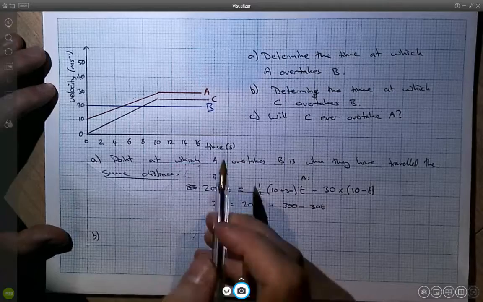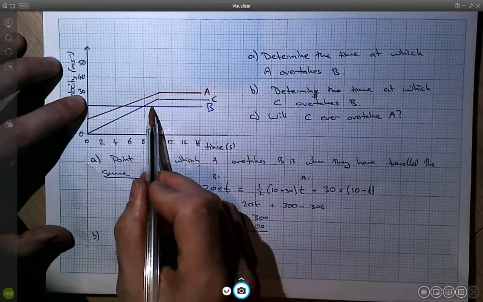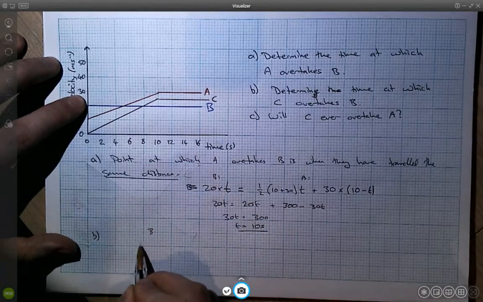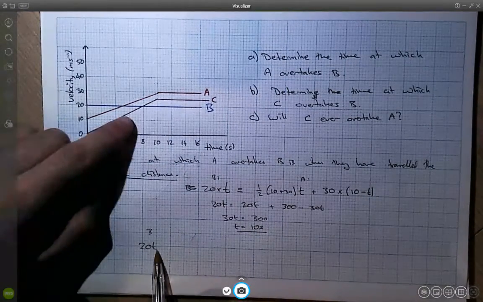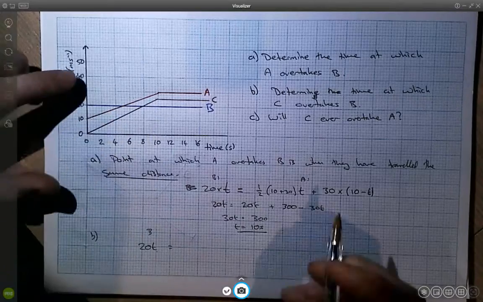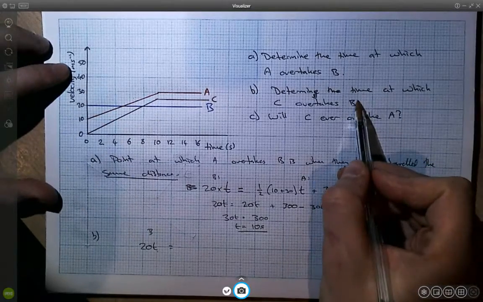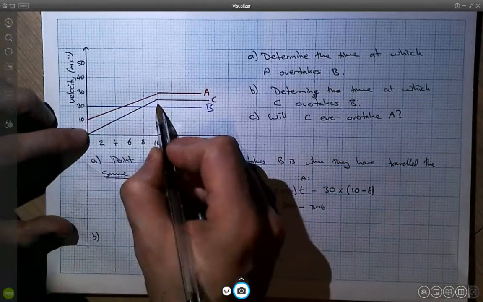So for car B, again, we can write down the same expression. We know that 20t is the distance travelled. What is it going to be for car C? Well, it's going to be the area of this triangle.